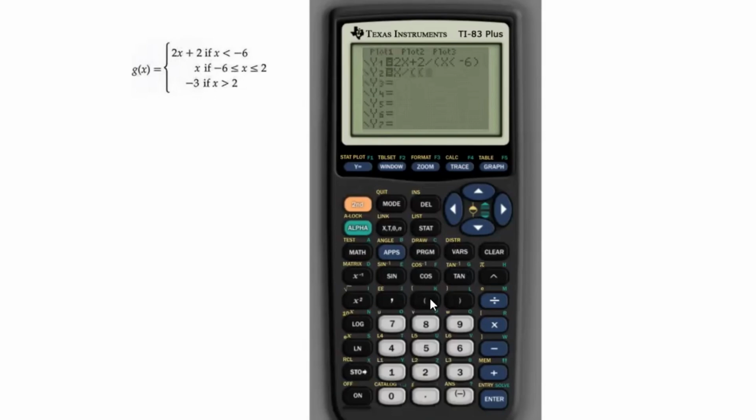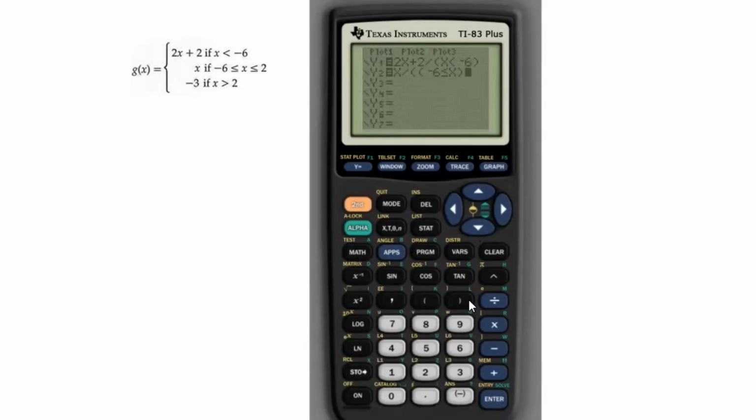We can start off with -6 is less than or equal to x. So let's put -6 and then press second and then test, and then we're going to put less than or equal to, and then x. Then we're going to close the parentheses here.